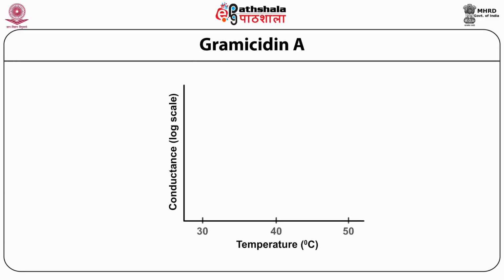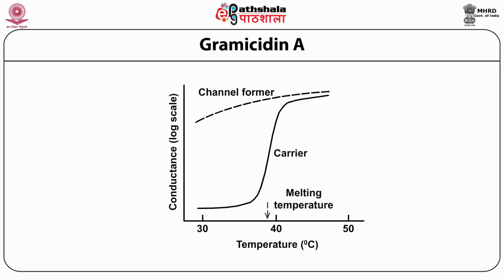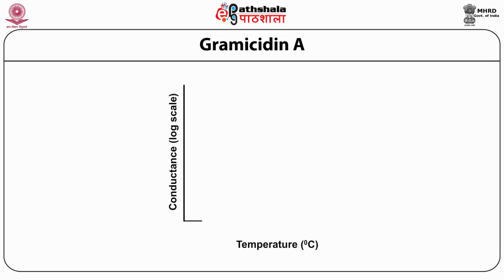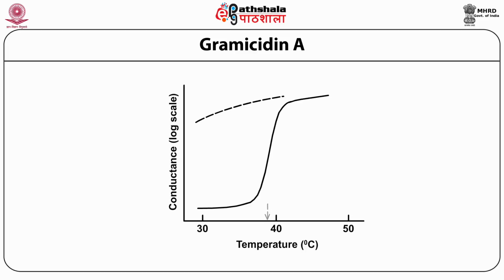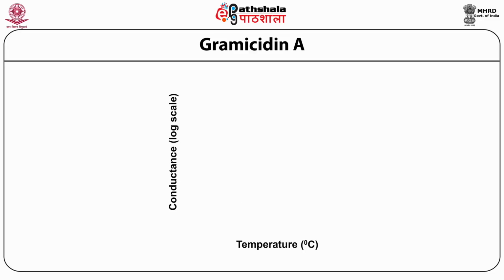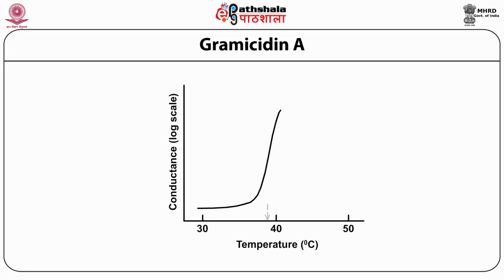The two kinds of ionophores, carriers and channel formers, can be distinguished experimentally. This is done by measuring ionic conductance of a synthetic bilayer of lipids as models. The ionic conductance is measured as a function of temperature.